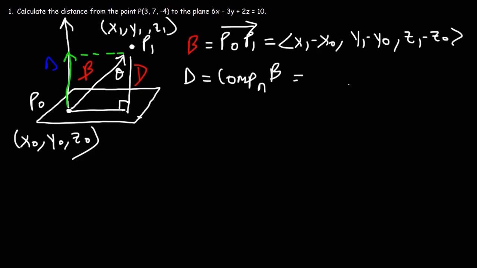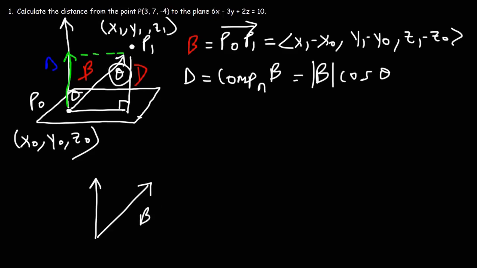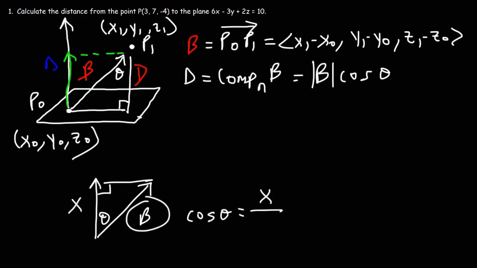And basically, this is B cosine theta if we do some trig. So let's say this is B. If this is theta here, based on alternate interior angles, if you remember that in geometry. Now, cosine theta is going to be equal to the adjacent side, which let's call that x, divided by the hypotenuse, which is b.